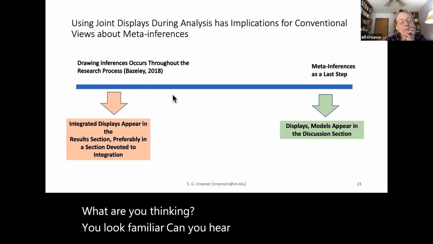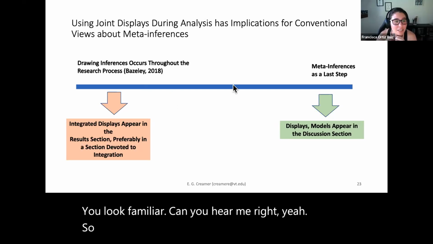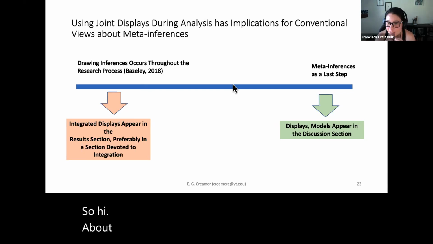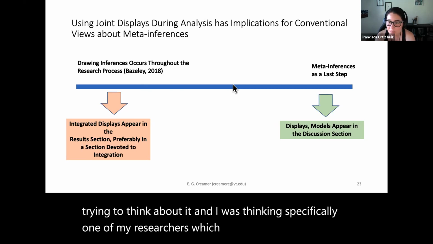Yeah. Okay. So hi, I was thinking about, so for sure this is not a good exercise. So I was trying to think about it. I was thinking specifically of one of my researches in which I used a life history and social network approach.